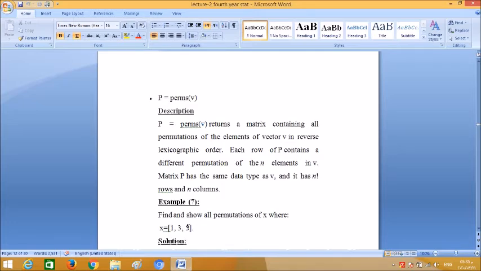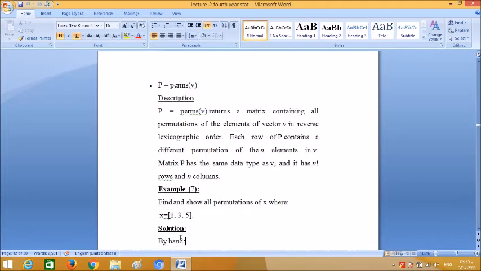So beginning with 5, the first permutation will be 5, 3, 1, then 5, 1, 3, then 3, 5, 1, then 3, 1, 5, and 1, 3, 5, and 1, 5, 3. 6 selections given in 6 rows and 3 columns. 1 column, 2 columns, 3 columns.